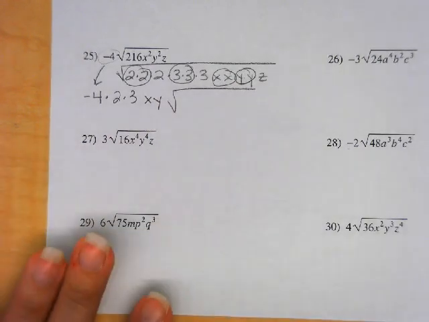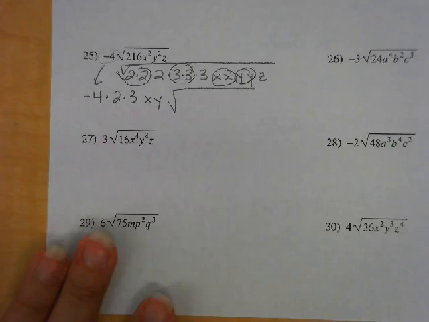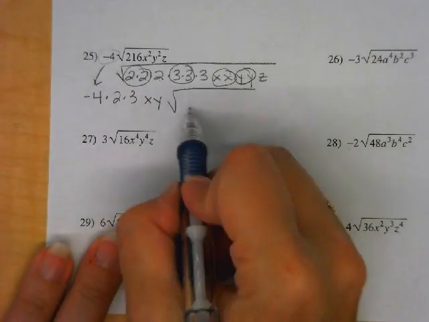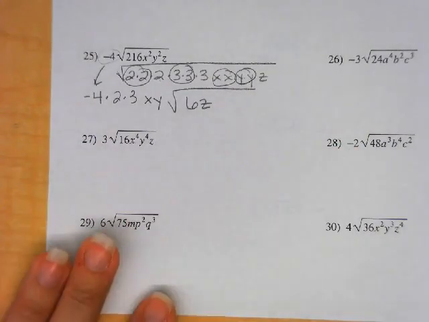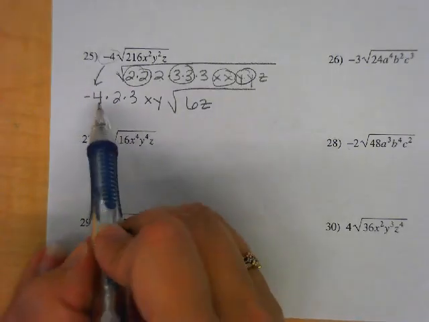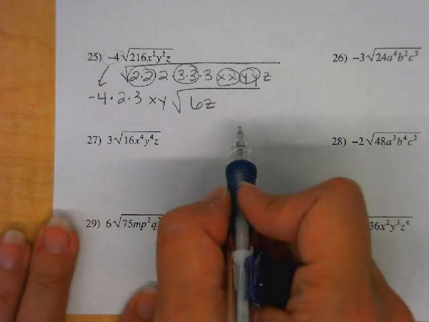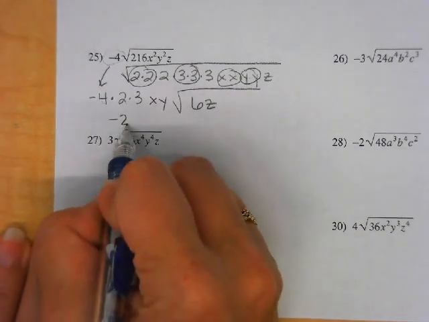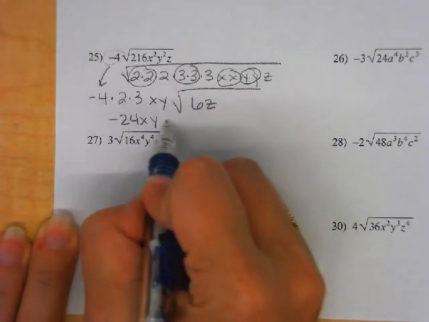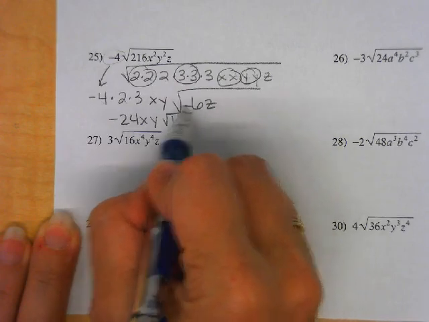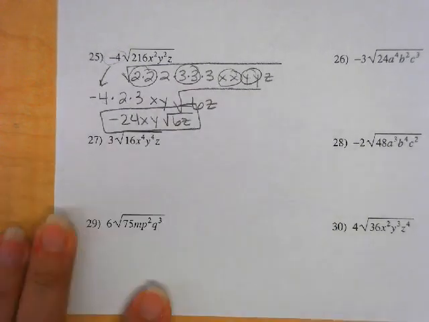What's left inside? 2 times 3 is 6z. Am I done? No, I've got to simplify this. -4 times 2 times 3 is... So I have -24xy on the square root of 6z. That is my answer.